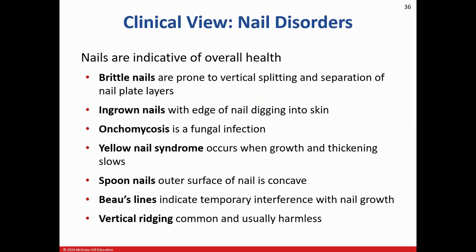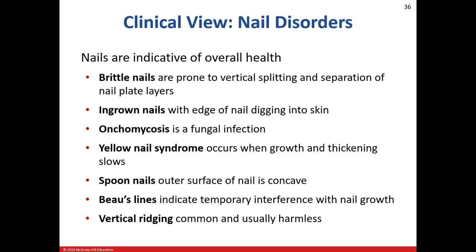So just a few things regarding nails. When we look at nails, we have different nail disorders. Some of them are specific to the nail, and then oftentimes things that we find with the nails can actually lead us to notice other disorders throughout the body. So the nails are indicative of our overall health.